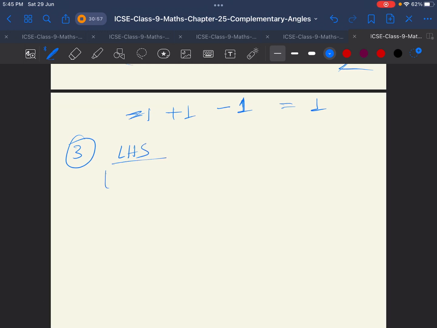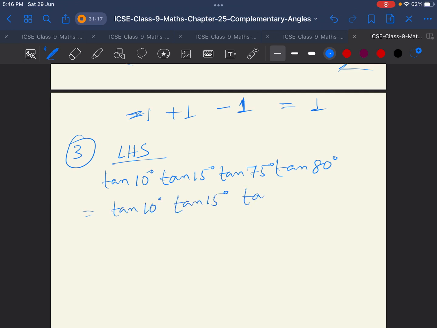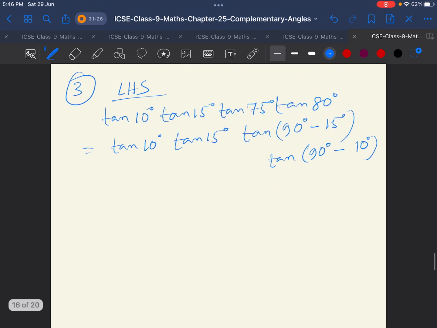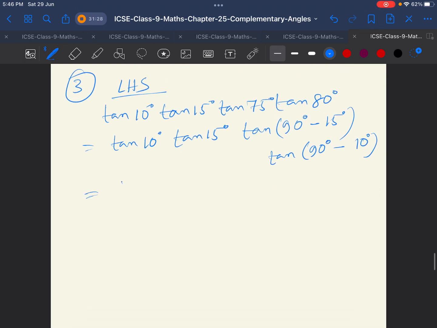Left hand side is given: tan 10 degree, tan 15 degree, tan 75 degree, tan 80 degree. We can write 75 as tan 90 minus 15, and 80 as tan 90 minus 10.